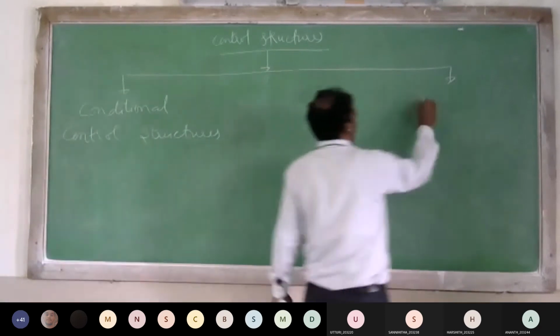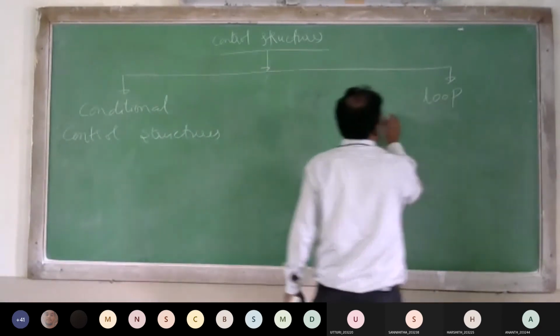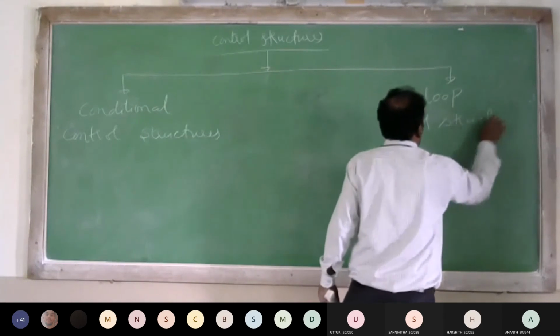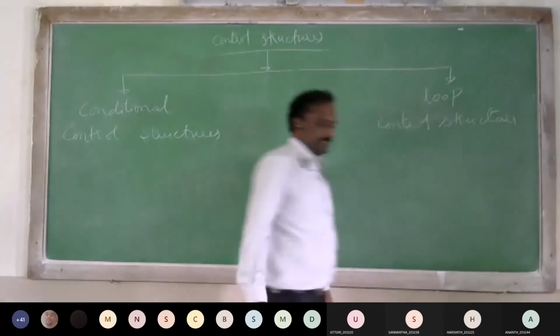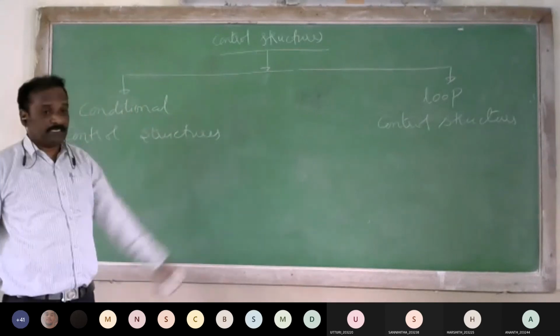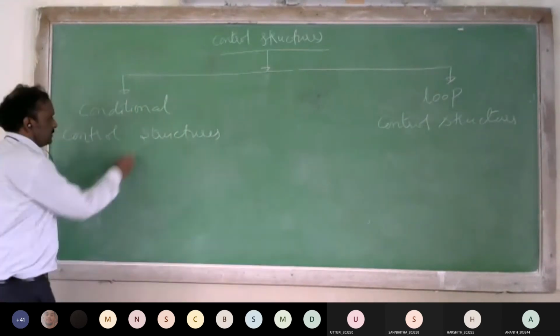And another is loop control structure. Control structure is divided into two parts. One is conditional, another is loop control structure.